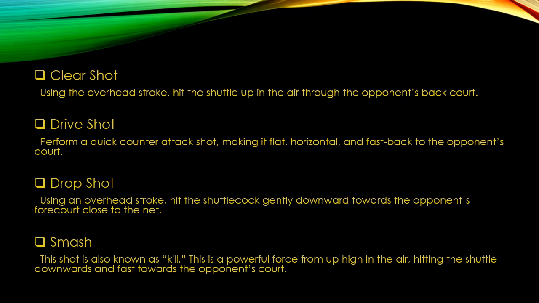Next is the drive shot. Perform a quick counter-attack shot, making it flat, horizontal, and fast back to the opponent's court. Drop shot: using an overhead stroke, hit the shuttlecock gently downward towards the opponent's forecourt close to the net.